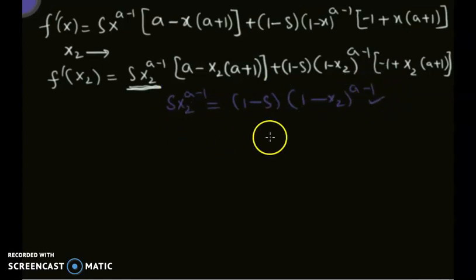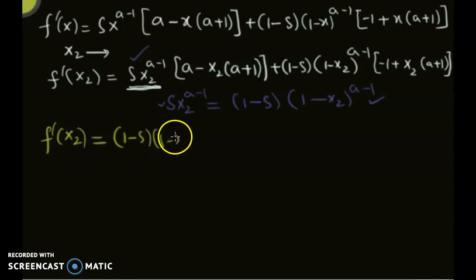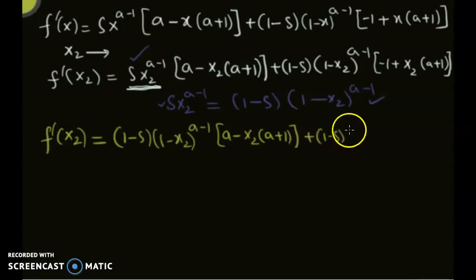This was the step when we were calculating x2, so previously we have seen it, so I can put this value over here, and as a result I'll be left with f prime at x2 equal to 1 minus s times 1 minus x2 to the a minus 1 times a minus x2 a plus 1, plus 1 minus s times 1 minus x2 to the a minus 1 times minus 1 plus x2 times a plus 1.